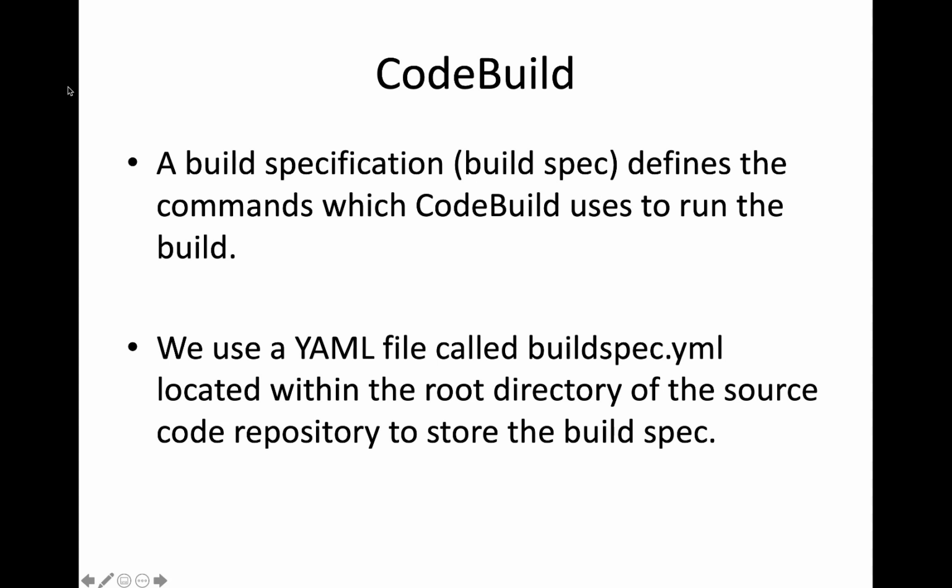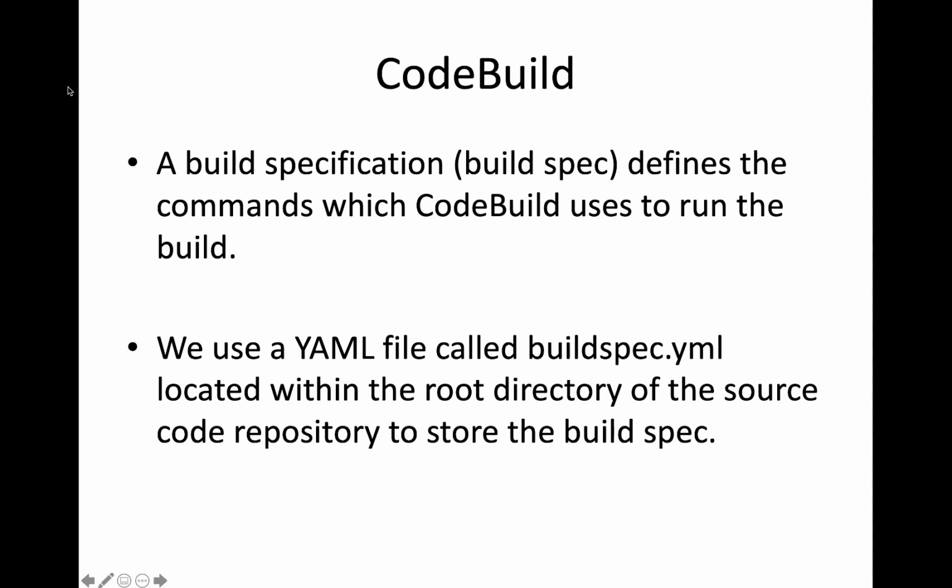You can imagine you're building your application code, and of course you're committing that application code into a Git repository. At the root of that Git repository, the root of your application code directory, you create a buildspec.yaml file. In that file, you define all of the commands that are required to actually build your application code.